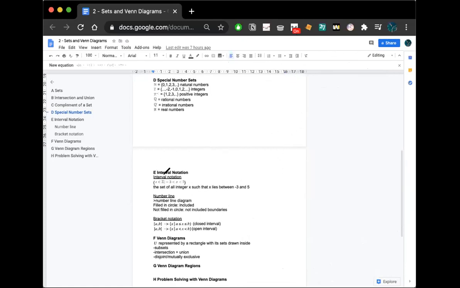Okay, so now we're going into intervals. Mathematically in IB, there are two ways to write intervals. The first is this kind, called interval notation, and the second is this.